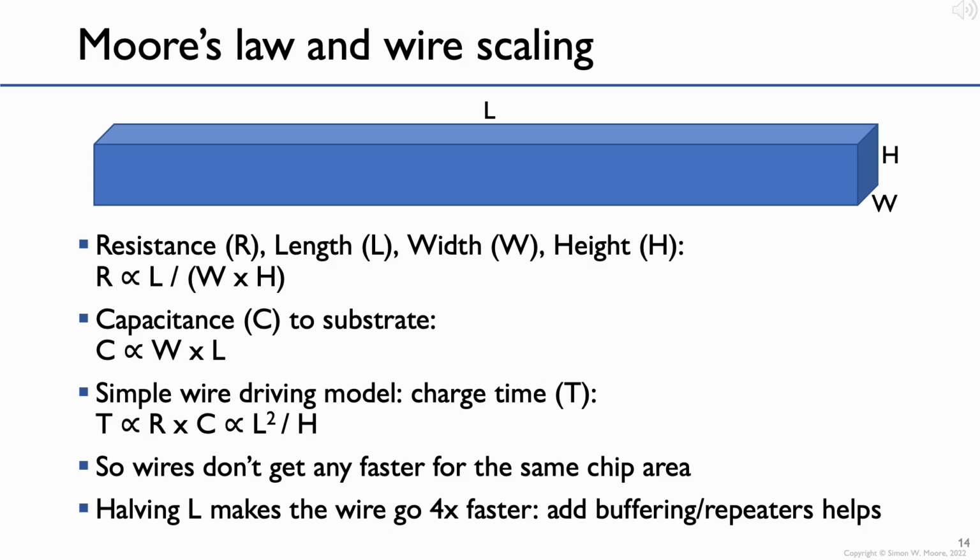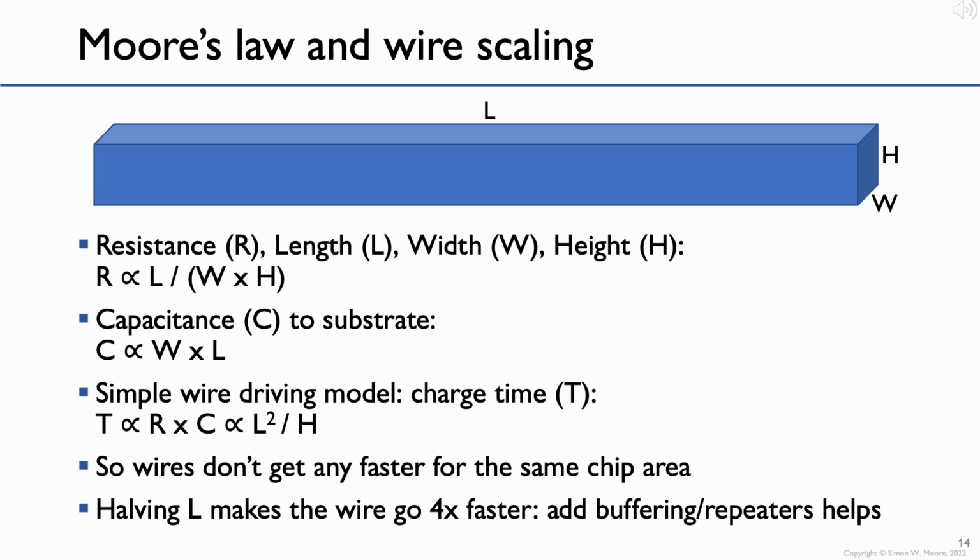That wire has capacitance in relation to the substrate. So the substrate is where the transistors are, and the bottom of the substrate you can think of as being grounded. So that capacitance is proportional to the width of the wire multiplied by the length.